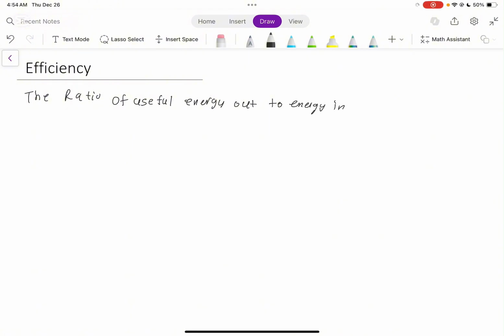So it's really just the amount of energy out over the amount of energy in. And with this, we can calculate the efficiency of a system or something that we have.